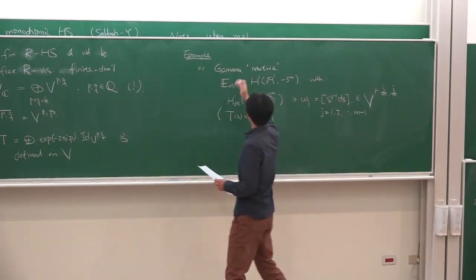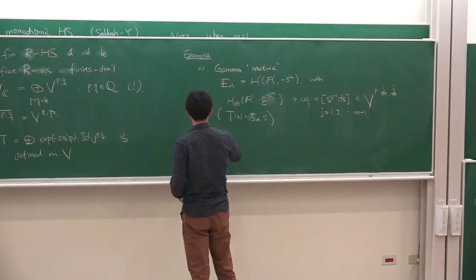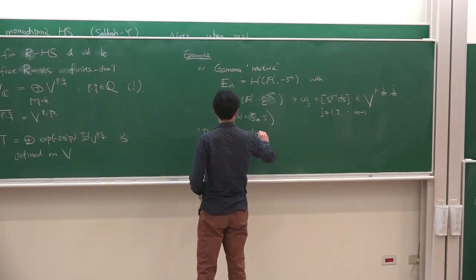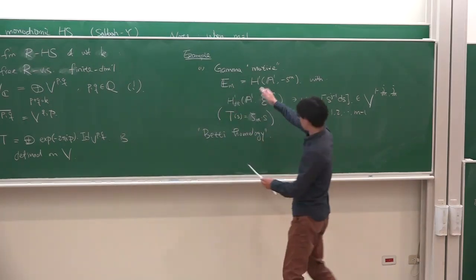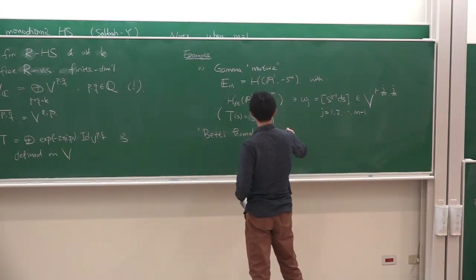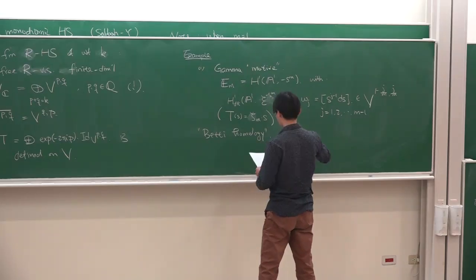And why do we call these gamma motives? That is because we can also have the Betti homology. Then we go to the dual version, so we can compute the periods easily. This Betti part is the so-called rapid decay homology.